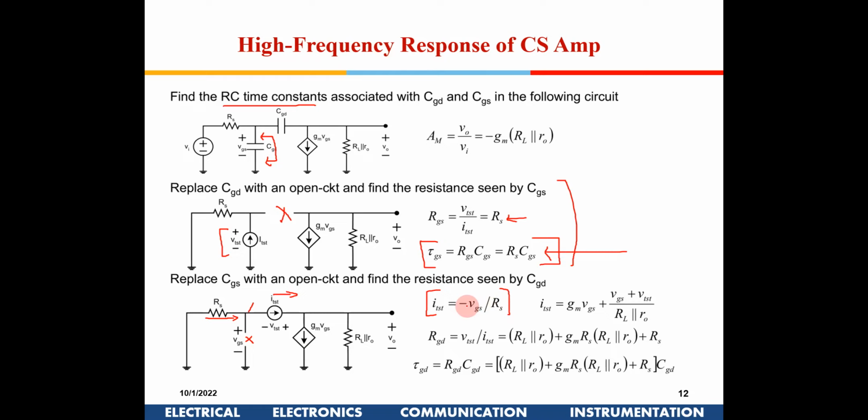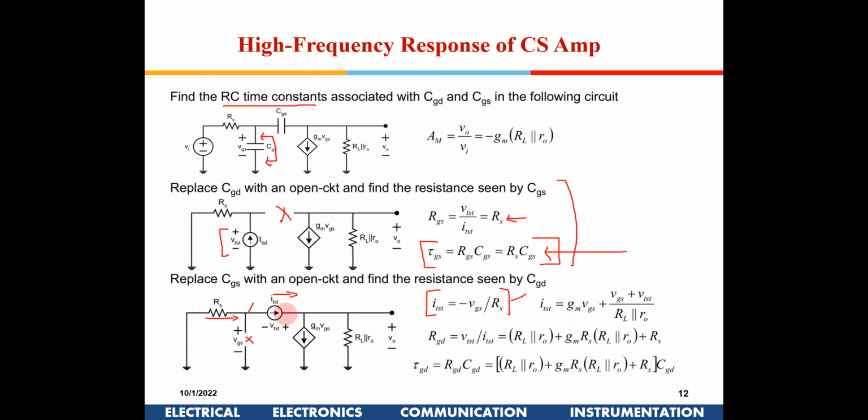First equation, I test is equal to minus VGS by RS. Is it okay? I am trying to find out what kind of resistance this capacitance C sees. So I have removed the other capacitance and I am putting one I test and trying to find out. So I get one equation.